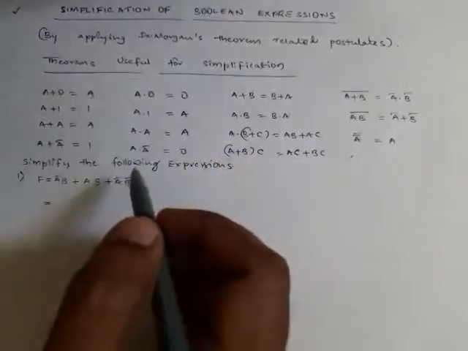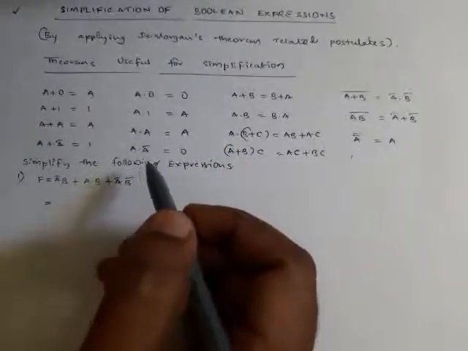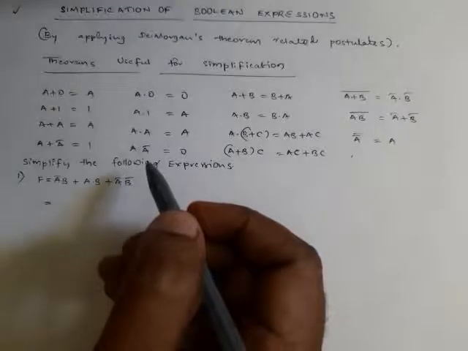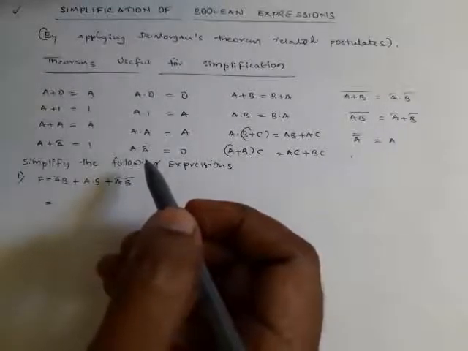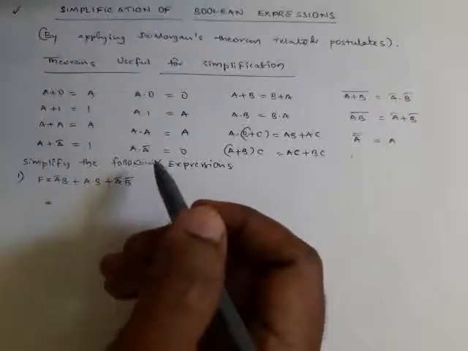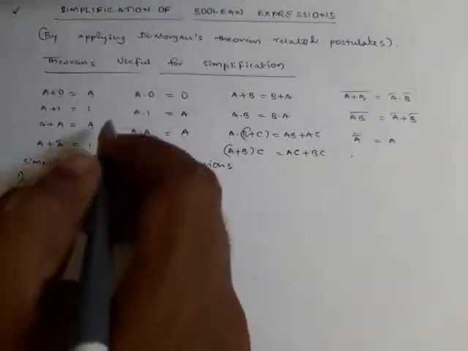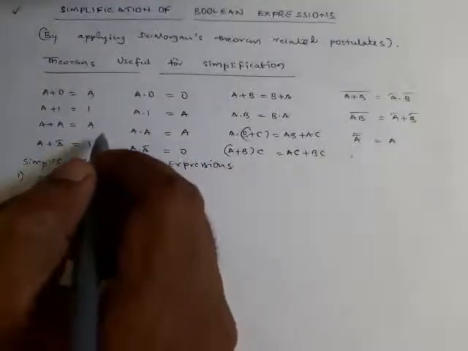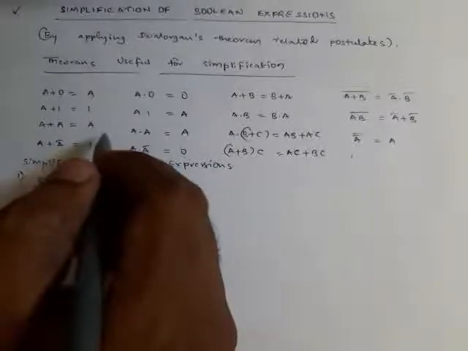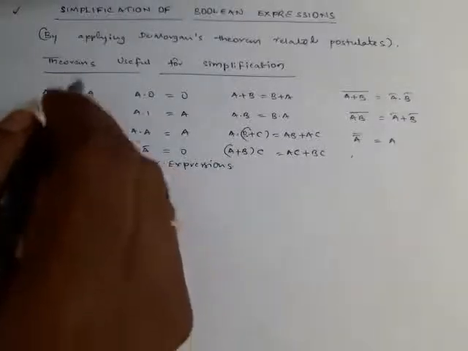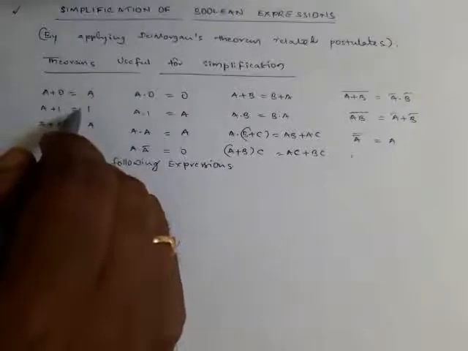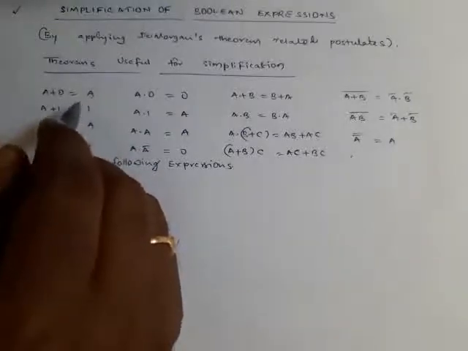So first we'll review what are the various theorems or postulates that will be useful to simplify the Boolean expression. So here we have listed some of the theorems and postulates which we'll use to simplify the Boolean expression. So first we'll go through these theorems.